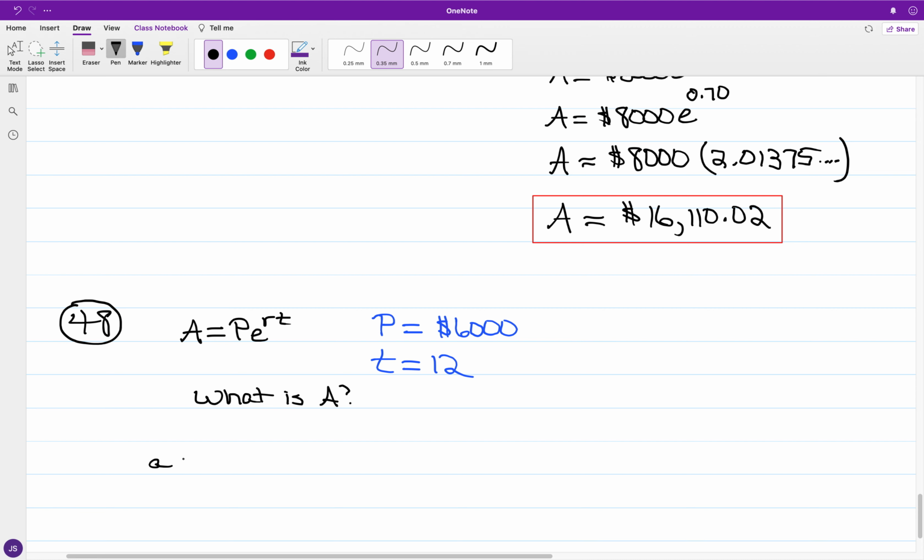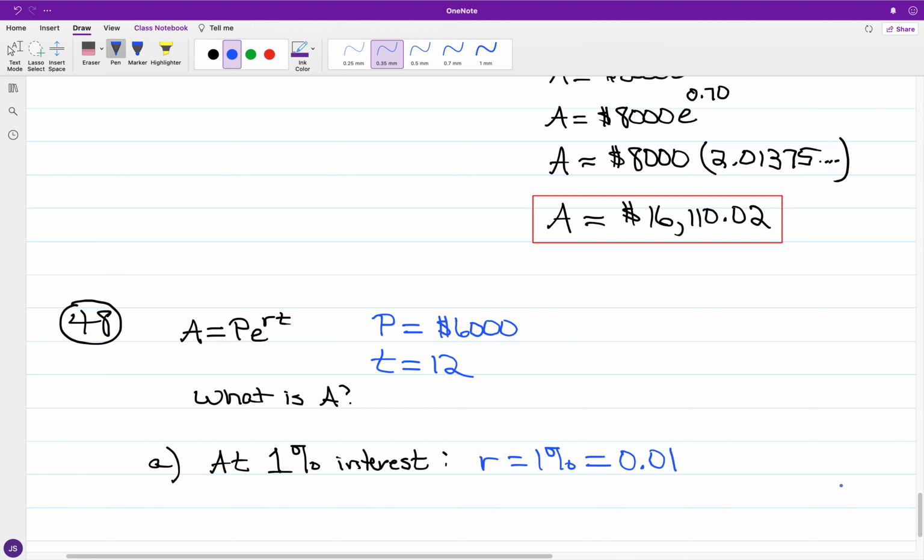And so in the case of Part A, you're looking at the compounding of interest to be at 1%. So for your R value, R is at 1%, and again, I'm going to convert this to a non-percent decimal.